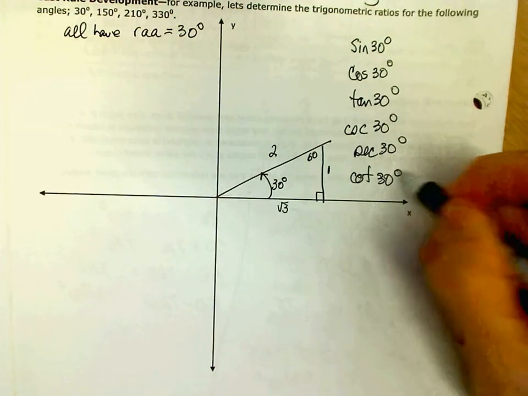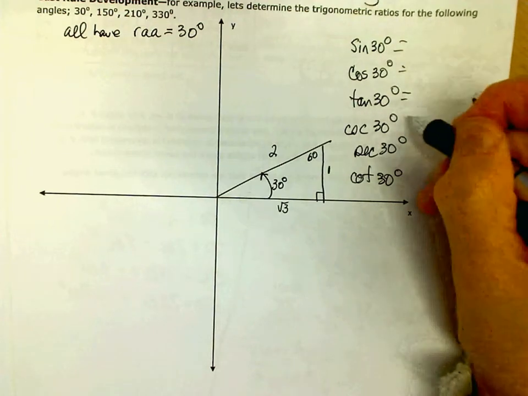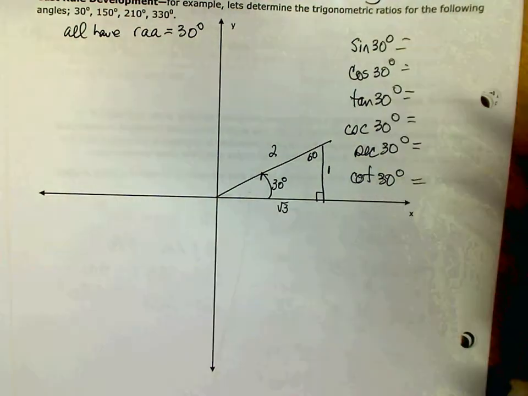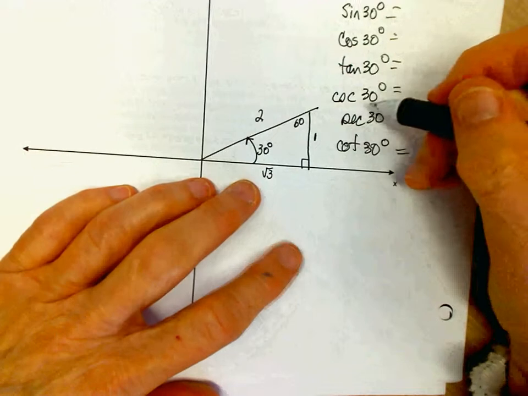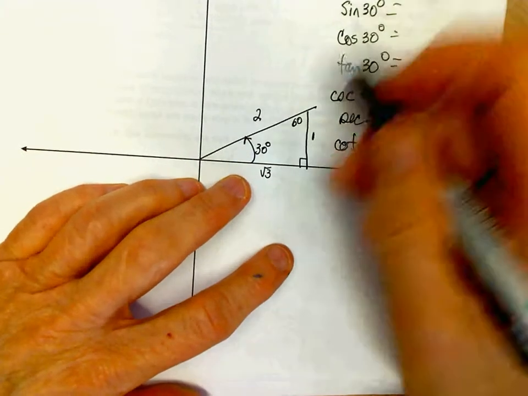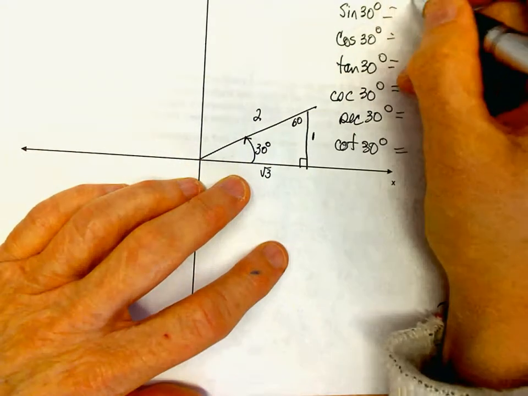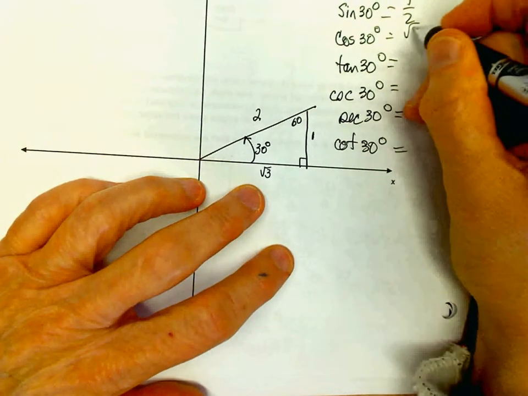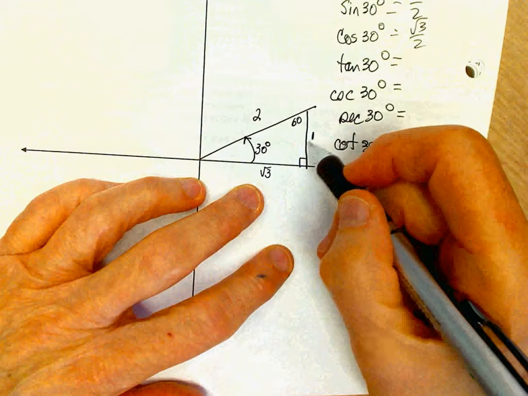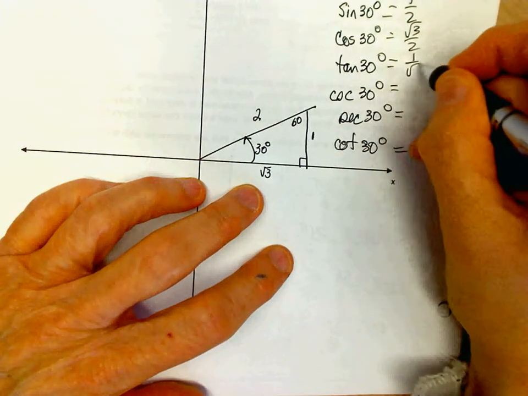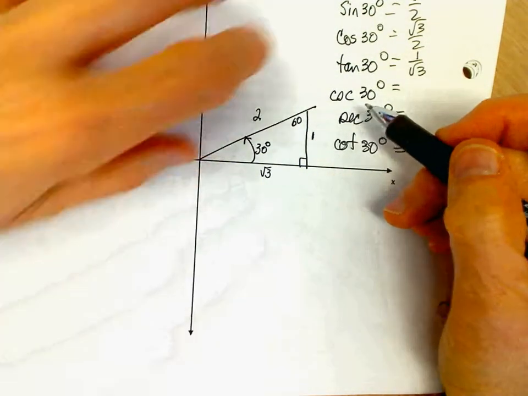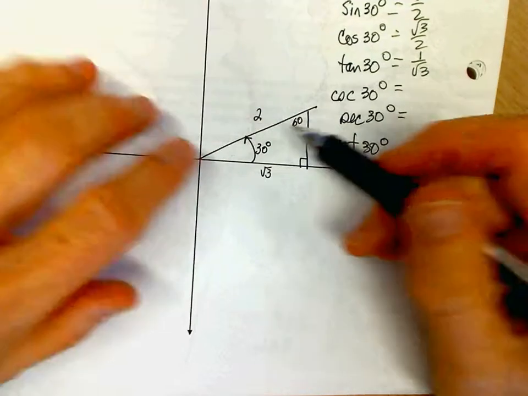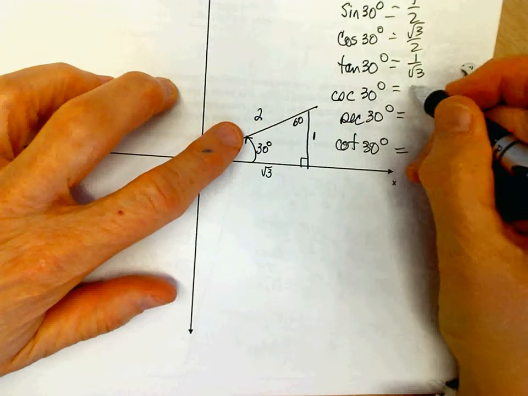This is a review of grade 10 except for the reciprocal trig ratios. Sine of 30 is opposite over hypotenuse, cos of 30 is adjacent over hypotenuse, tan of 30 is opposite over adjacent. Cosecant of 30 is the reciprocal of sine, or hypotenuse over opposite, which is 2 over 1, which is just 2.